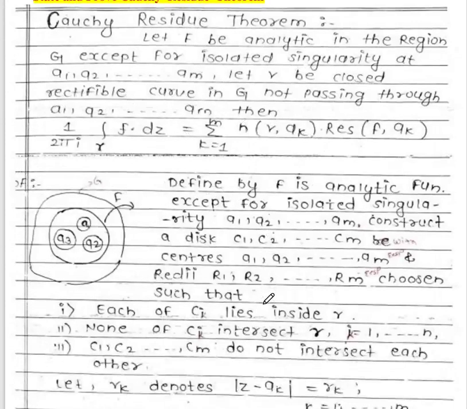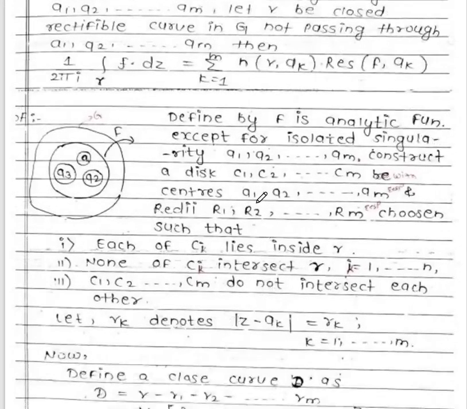Okay. So what is the proof? To prove this theorem, let us define a function f that is analytic, except for isolated singularities a1, a2, ..., am.